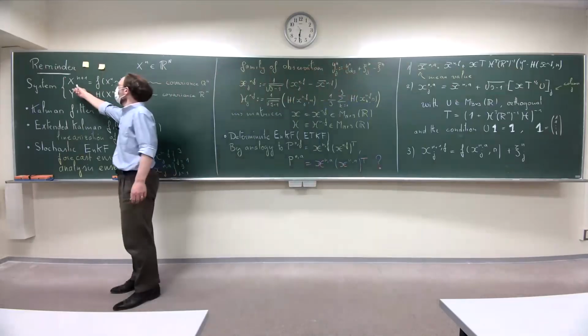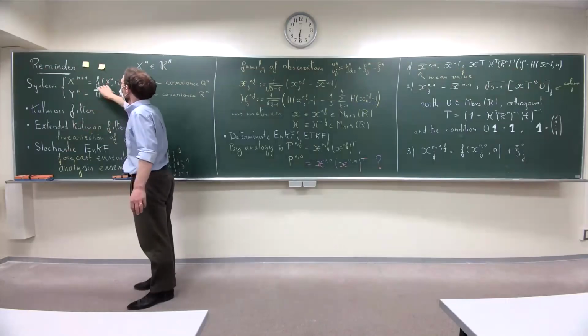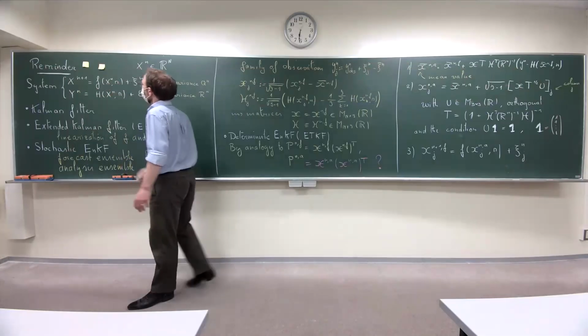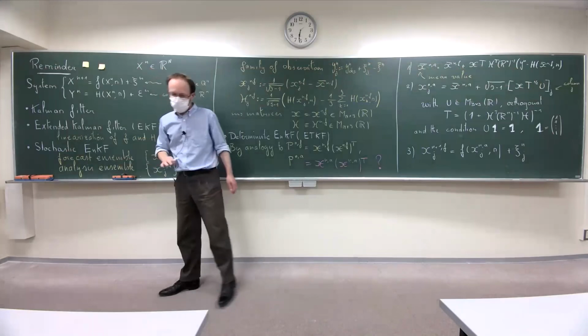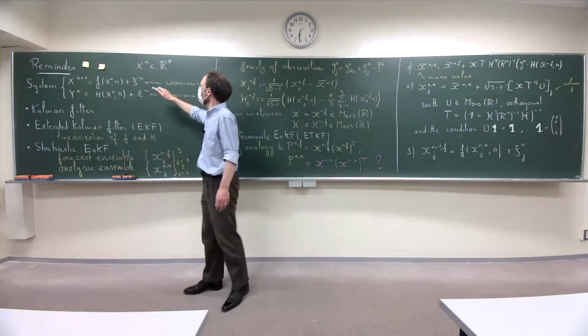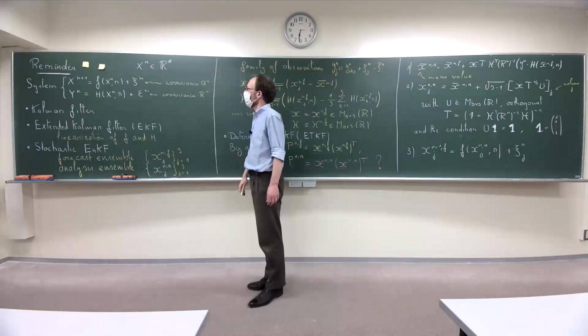The evolution is given by f: x at time n+1 is a function of x at time n, probably also with explicit dependence on n, plus a model error, which follows a certain distribution. At one point I need its covariance, which I call Qn.